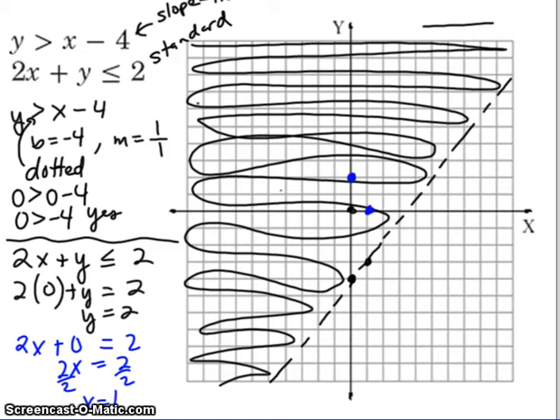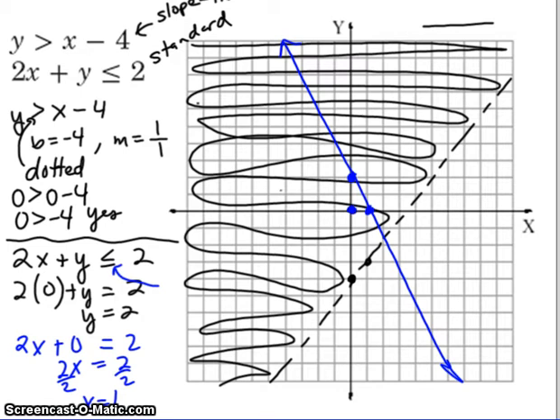What kind of a line are we going to draw? That tells us it's going to be a solid line because it's or equal to. Now where are we going to shade? We could choose 0, 0 again.